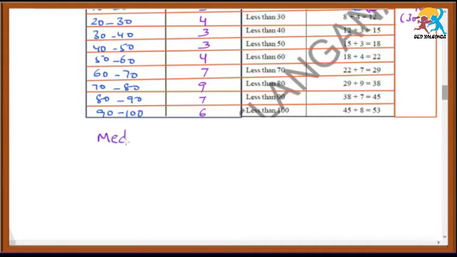Median is equal to L plus, half n by 2 minus the cumulative frequency of the preceding class of the median class, divided by the frequency of the median class, into the height of the class interval. This is the formula. L means the lower boundary of the median class. Like this we can find.